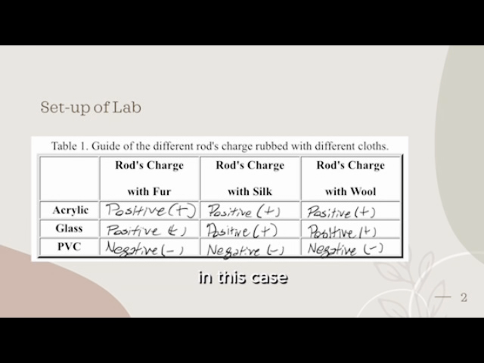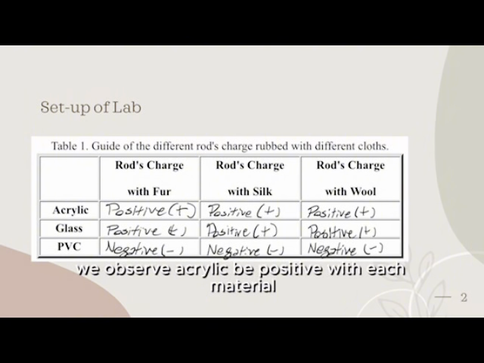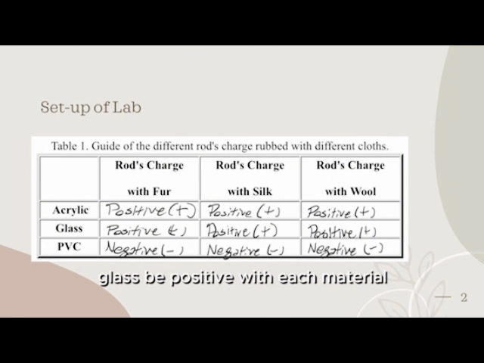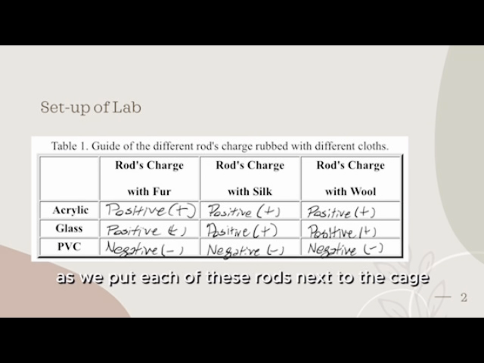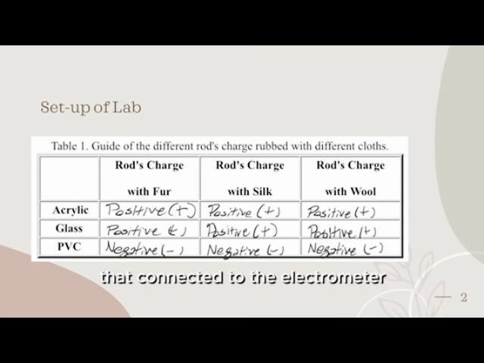In this case, we observed acrylic be positive with each material, glass be positive with each material, and PVC be negative with each material, as we put each of these rods next to the cage that connected to the electrometer, that way measuring the charge.